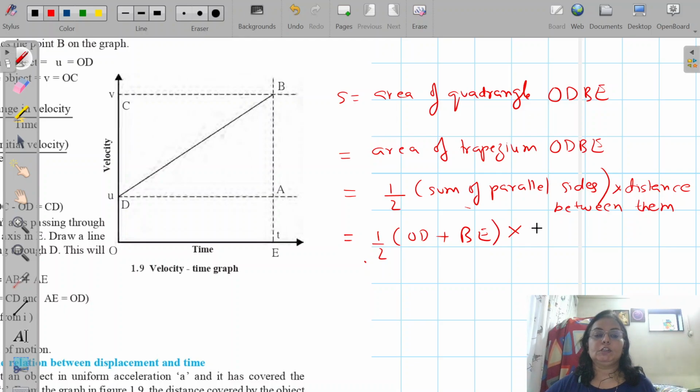Now distance between them is how much? OE. So this is half into OD, which is nothing but u, plus BE. BE is how much? v. And OE is how much? t.